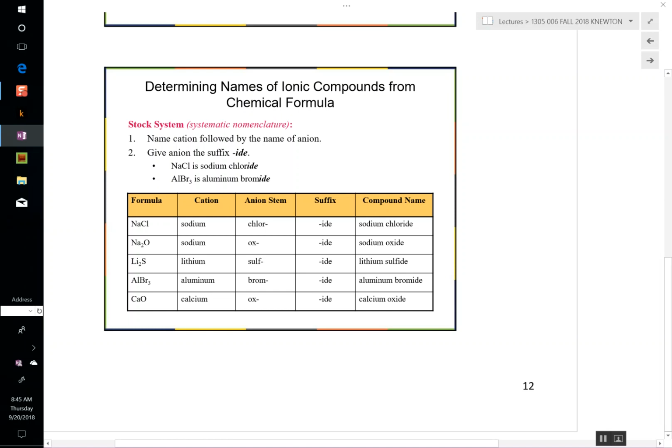Aluminum bromide. You can see oxygen becomes oxide, sodium oxide. Sulfur becomes sulfide. So you're adding an -ide. We wouldn't say sodium chlorine; you won't see that on the bottles. It's the chloride ion. So that's how you put the name together.